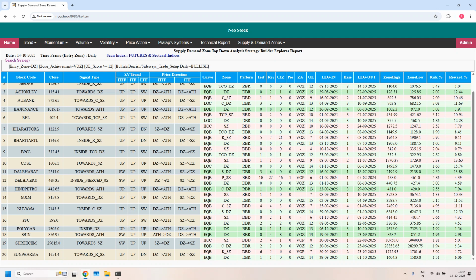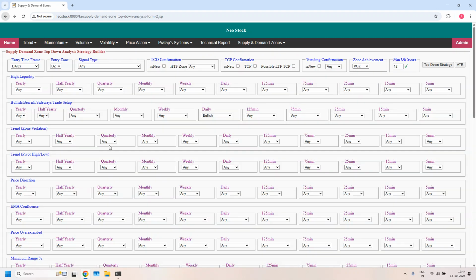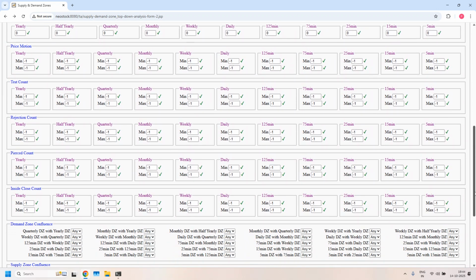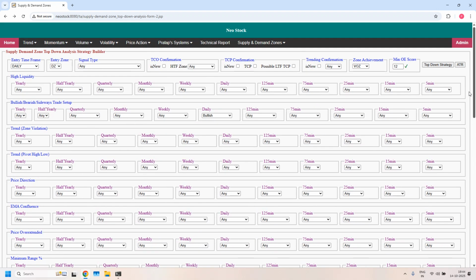Next, let us identify high probability trade setup daily demand zones based on 2 different zone confluence strategies that we learned in lesson 27. First strategy is LTF and ITF demand zone confluence. That is daily and weekly demand zone confluence, and then weekly EMA confluence, because daily demand zone is overlapped with weekly demand zone.